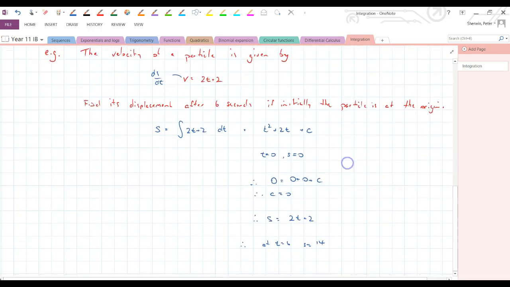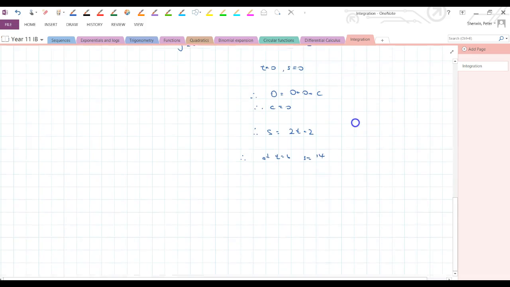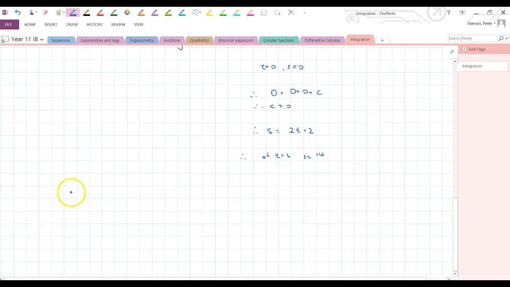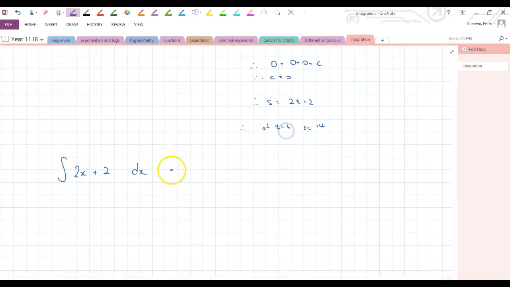So let's have a look at what would happen. The integral of 2t plus 2, let's go back to x because we're more familiar with x, 2x plus 2 with respect to x. Okay, so let's see how we do that.